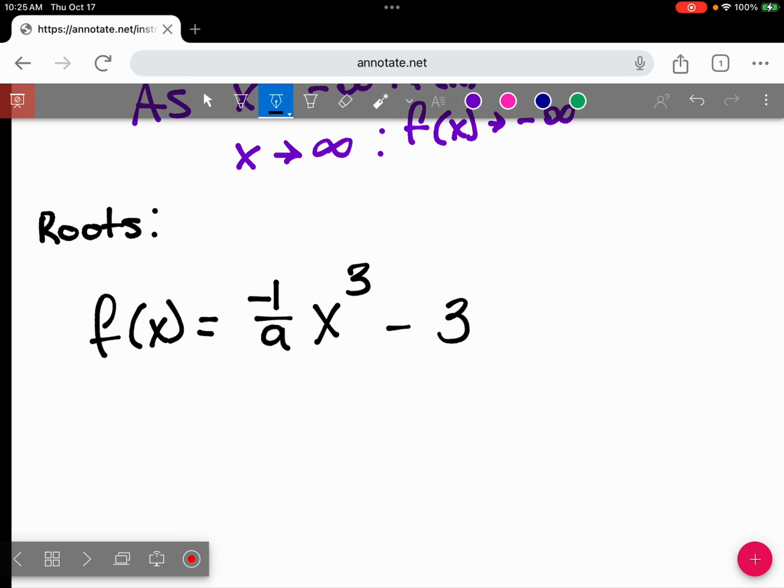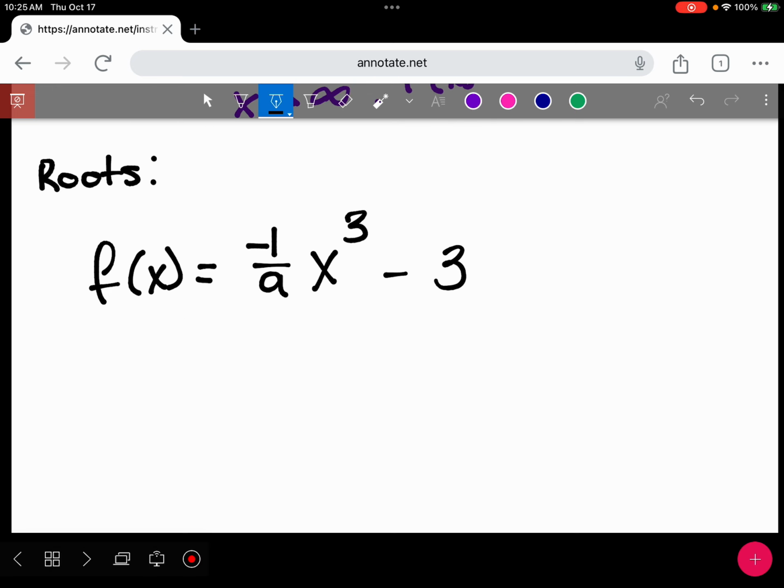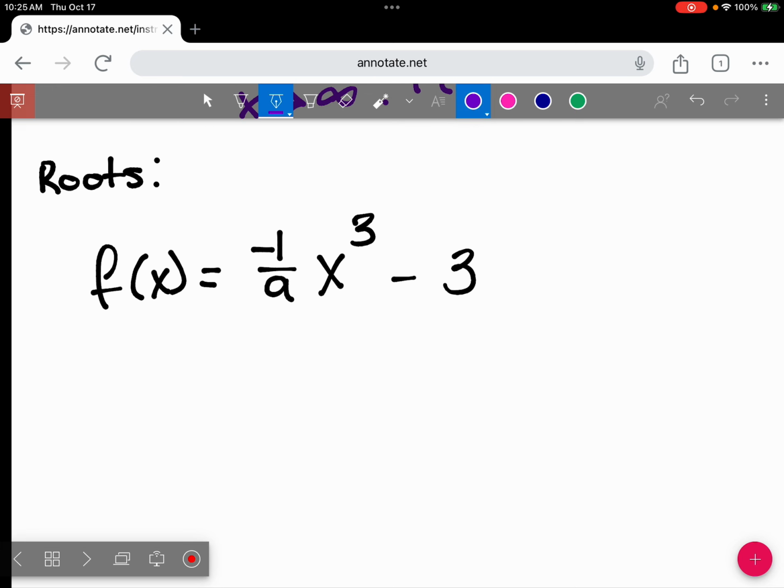We've done that before. But not when they have fractions and gross things, right? So I'm going to factor that -1/9 out to make this significantly more palatable. I'm going to divide that out of both terms. It's going to leave me with an x cubed in here. And if I have -3 and I divide it by -1/9, what are we going to have?